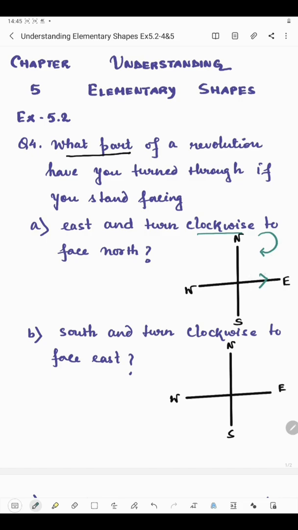So that means you are facing east and you are going like this, east, and turn clockwise to face north. Suppose till here you have to find what part of a revolution have you turned through if you face east and turn clockwise to face north.